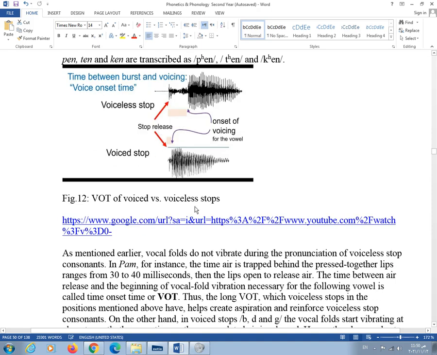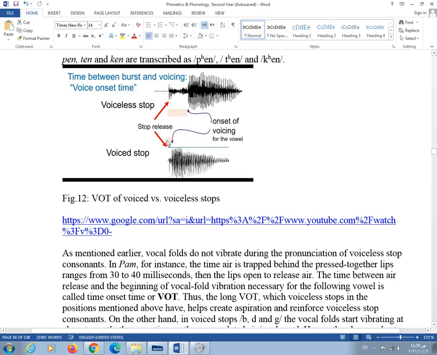Okay, let's look at the other case, which is the voiced ba. We find that because it's voiced, the phonation for the following vowel is not delayed. So here, look at this. We have here a long voice onset time, and here we have a short voice onset time. Why?